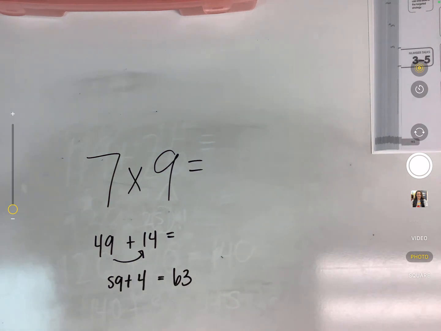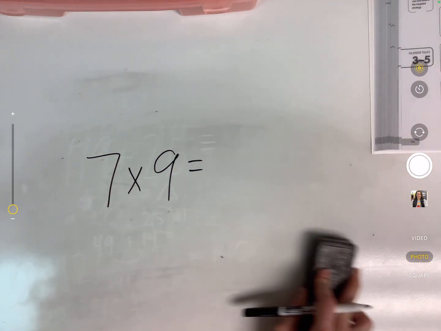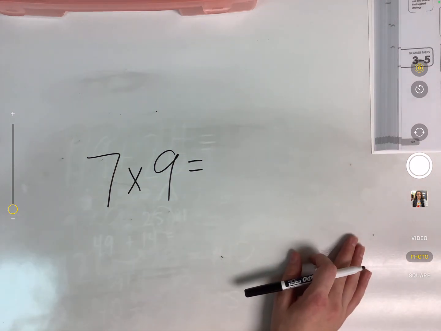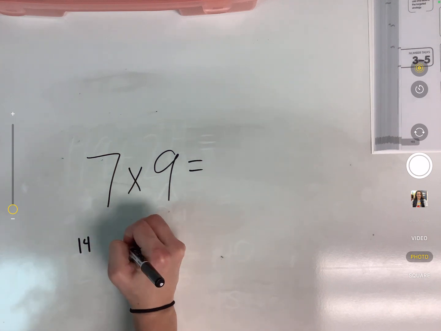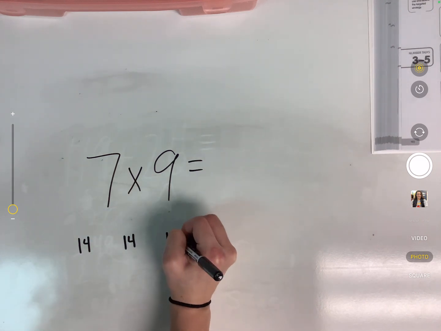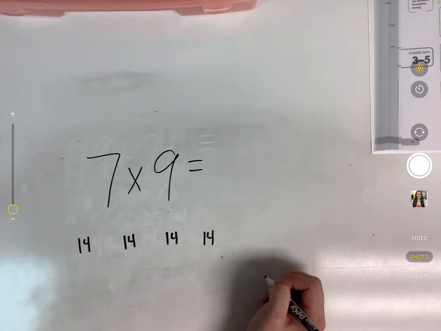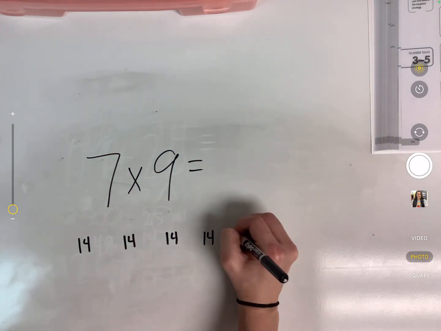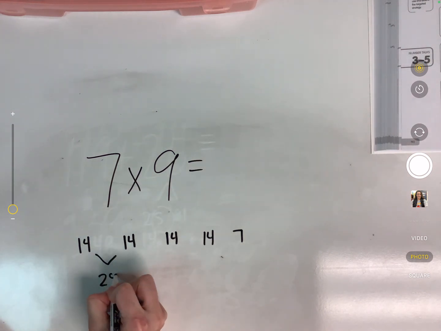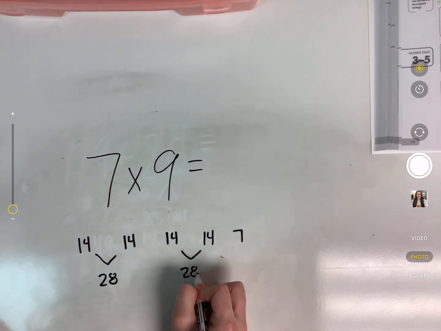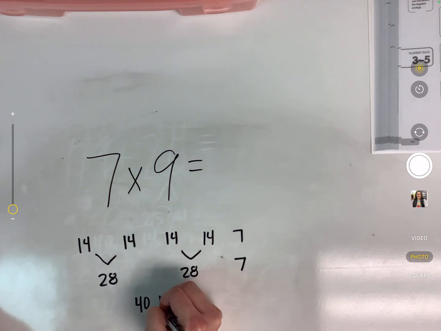So just think about what you do know and go from there, right? Because maybe you don't know 7 and 7, but you know that you have 9 7s, and I know that 2 7s is 14. 2 more 7s is 14, and 1 more 7 is 7, right? Because I have 2, 4, 6, 8, 9. And then I have 28, and then I have 7. And then if I add 20 plus 20, that's 40.